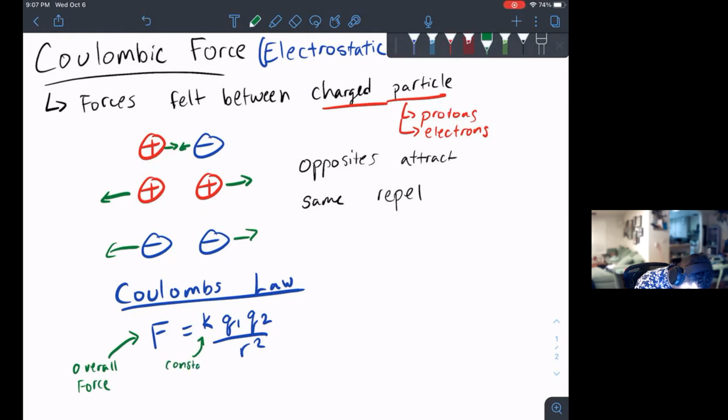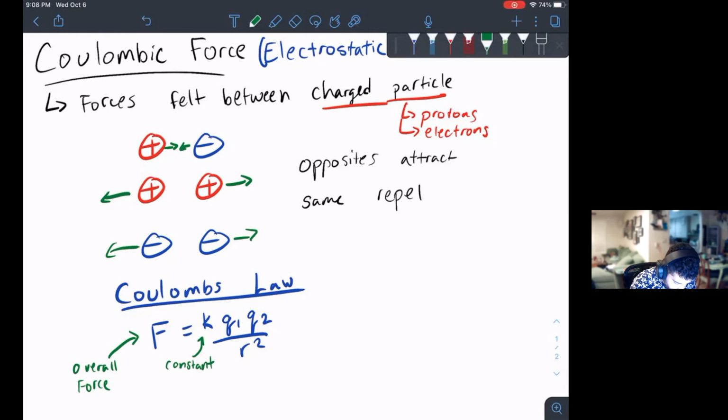Constant. So in science equations, we have a lot of constants. You can usually think of, oh, now I'm blanking on literally every constant ever. We have Planck's constant, which we use when we're talking about the frequency of light. A constant that you use quite often in math is pi. The pi is a constant number that you can use.